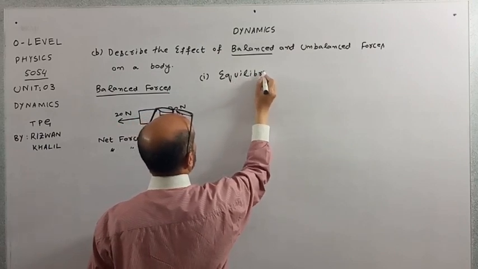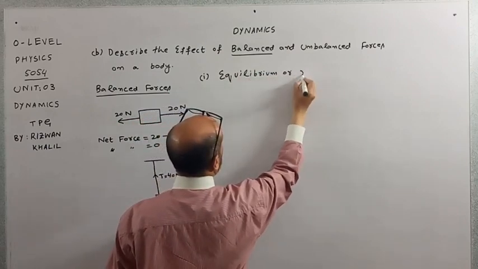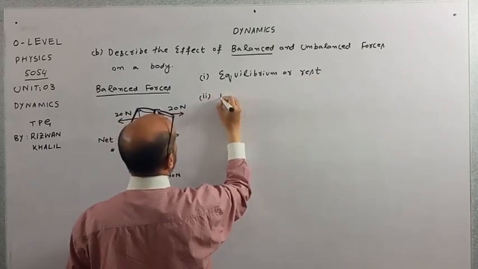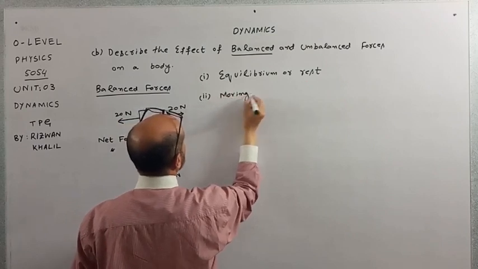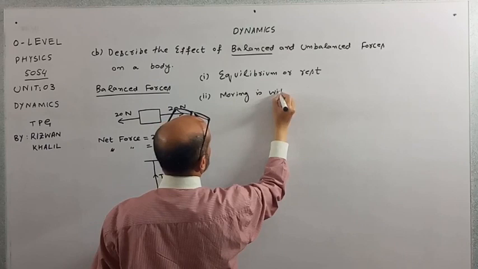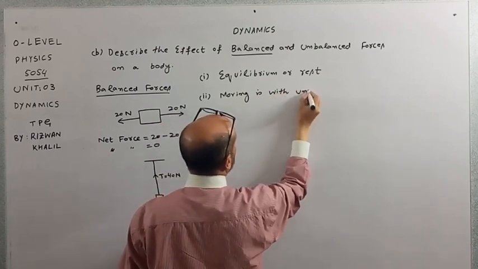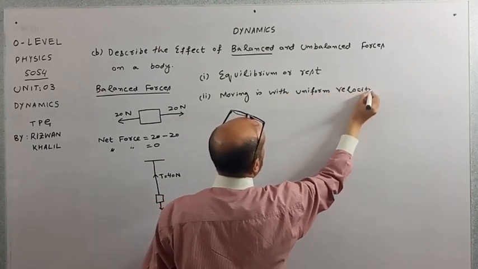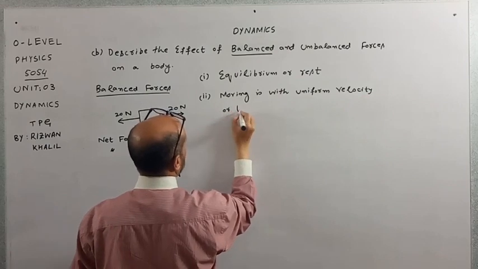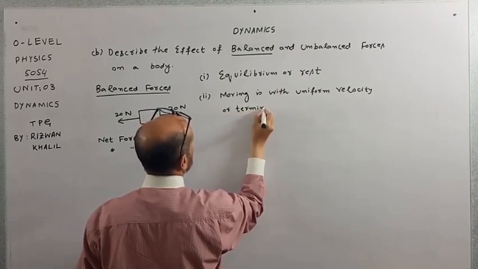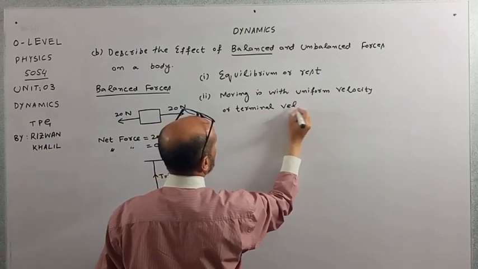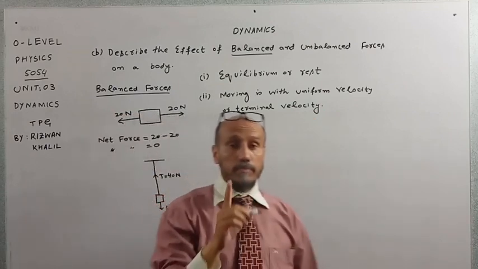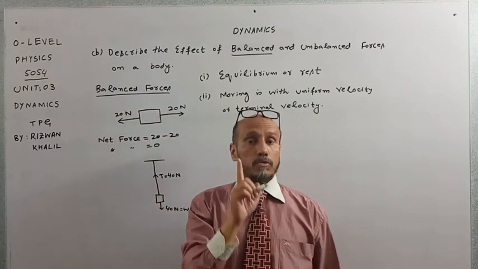And number two, there is another possibility that the body is moving with uniform velocity or terminal velocity. These are the two possibilities when forces are balanced.